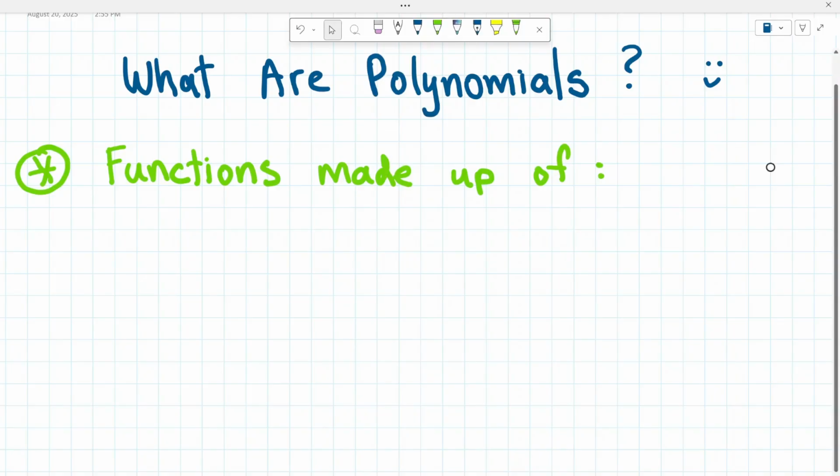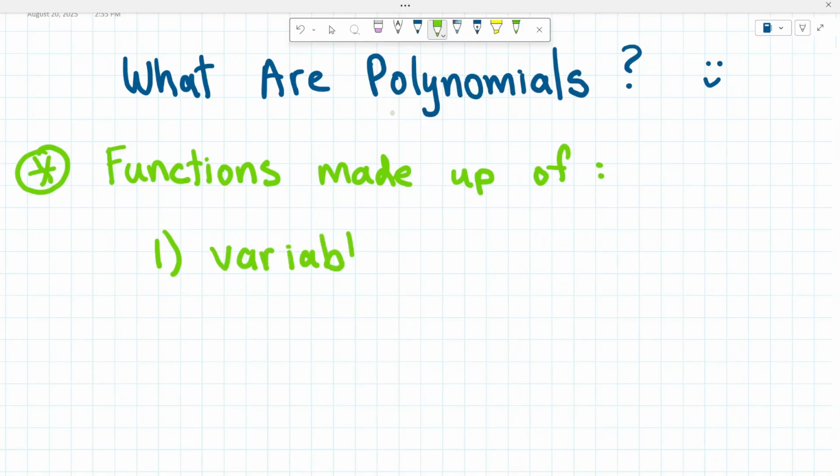Essentially, a polynomial is a function that is made up of the following three components. First, it contains variables. Oftentimes we'll use the variable x as our independent variable. Secondly, it's made up of something called coefficients.